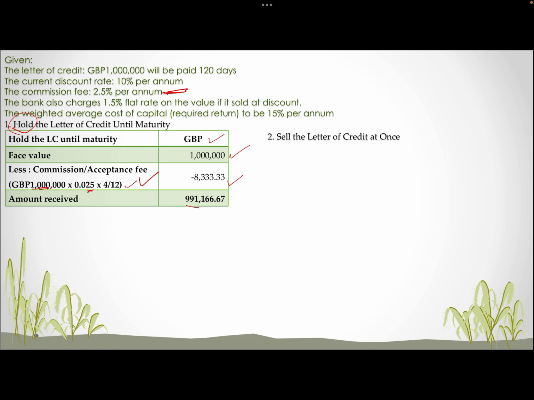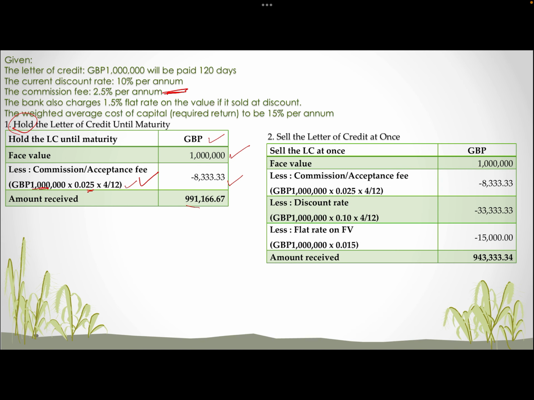Okay, what if Nico Shoe sells the letter of credit today, at once? From the face value of 1 million, we have to minus commission and acceptance fees. Similar to this calculation, 1 million times 2.5%. Because it is per annum, we have to multiply by 4 over 12, because this one is only 4 months.